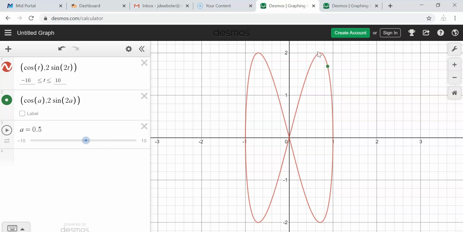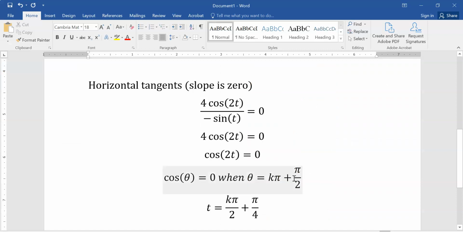When do we have horizontal tangents? Well, at this point up here, at this point, at that point, and at that point. We have 4 different horizontal tangents, and you can see, it's kind of hard to see right here, but roughly 0.8, that's exactly our first pi over 4.